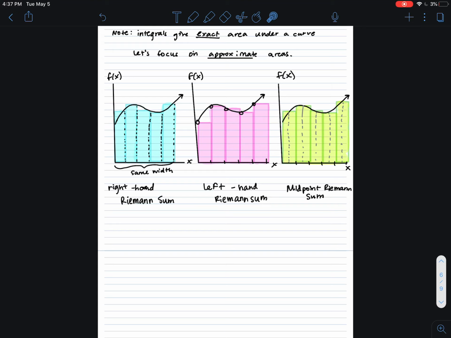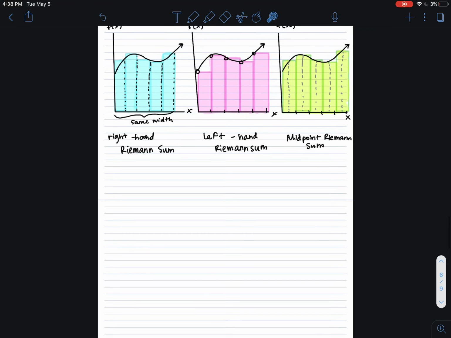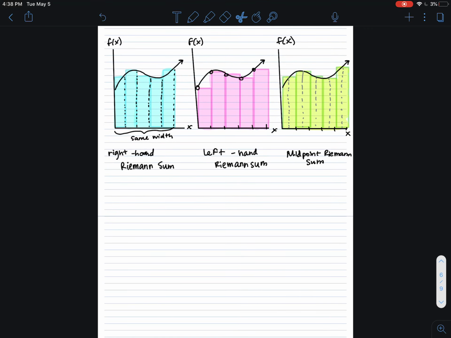But you can change the width, and I want you guys to notice that a smaller width would actually make for a better approximation. So I will do this by using the left-hand Riemann sum since that was our worst approximation. And then that's when we're done for today.